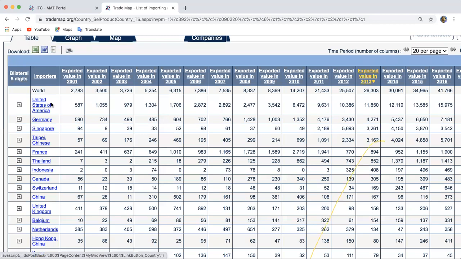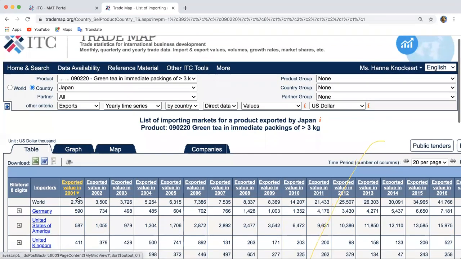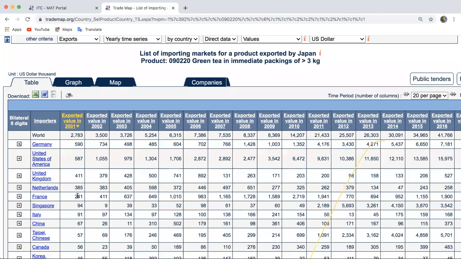So you see that the US is still the largest importer. Germany is the second one, but Singapore has come up and Chinese Taipei has gone down. So there has been some changes over time, and we can literally go back up until 2001 if we are sure that our harmonized system code of our product already existed in 2001.